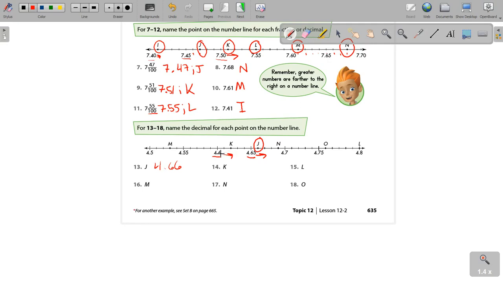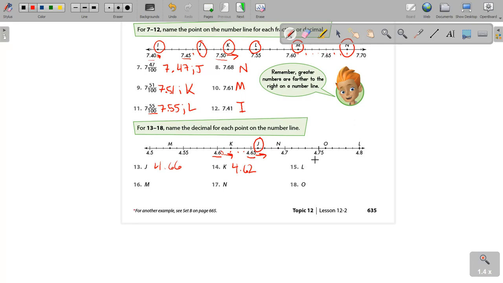And 2 spaces to the right, it's not going to be 7, 8, right? It's going to be 4. And now look at this is our hint right here. 4.65 is here. So you know this is 4.64, 4.63, 4.62. So it looks to me like K is 4.62, because you can look at this one as 4.60.